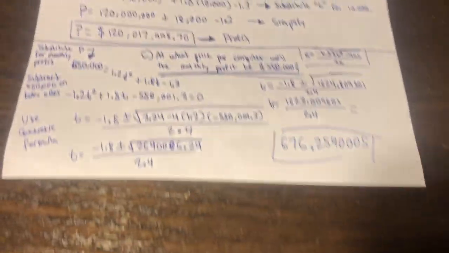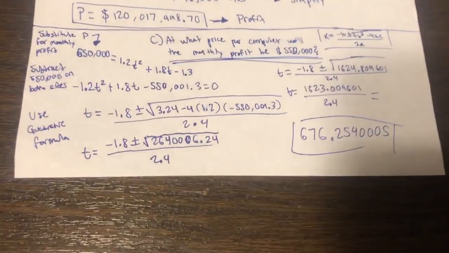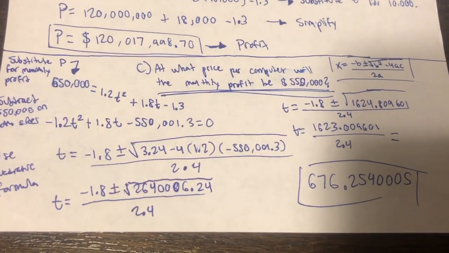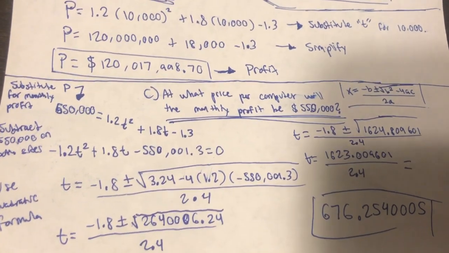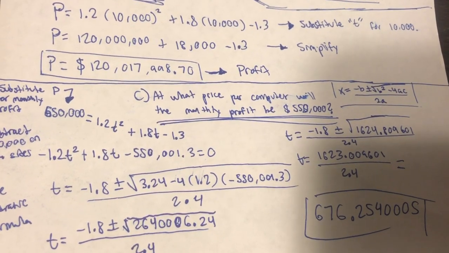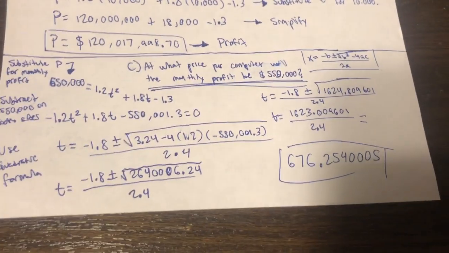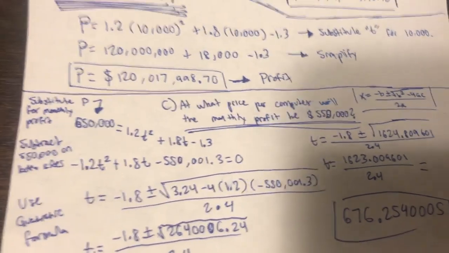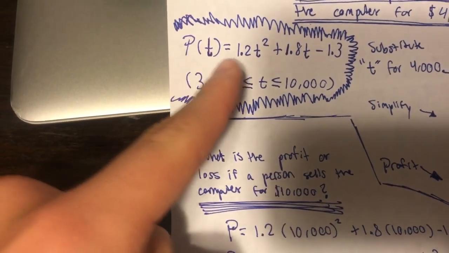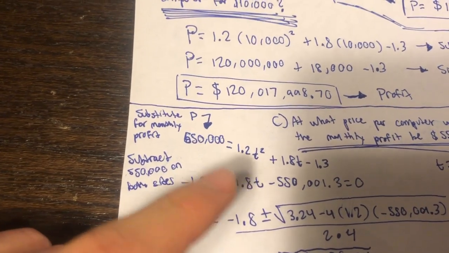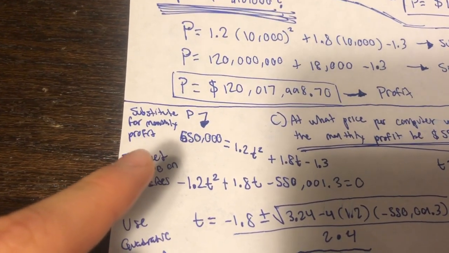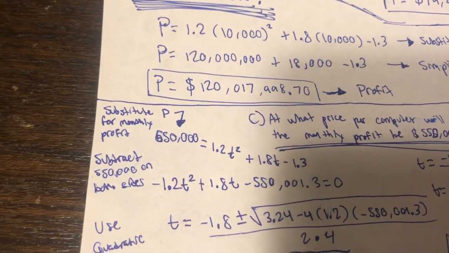Okay, so problem C is a bit more tricky. At what price per computer will the monthly profit be $550,000? Okay, so again, we write our basic equation, okay? But now we must substitute our monthly profit in the P, which represents our profit.